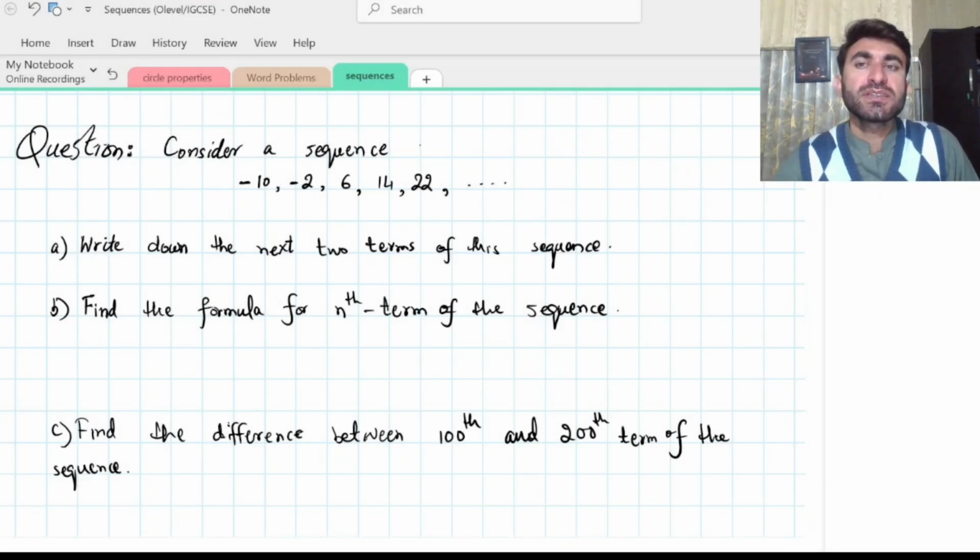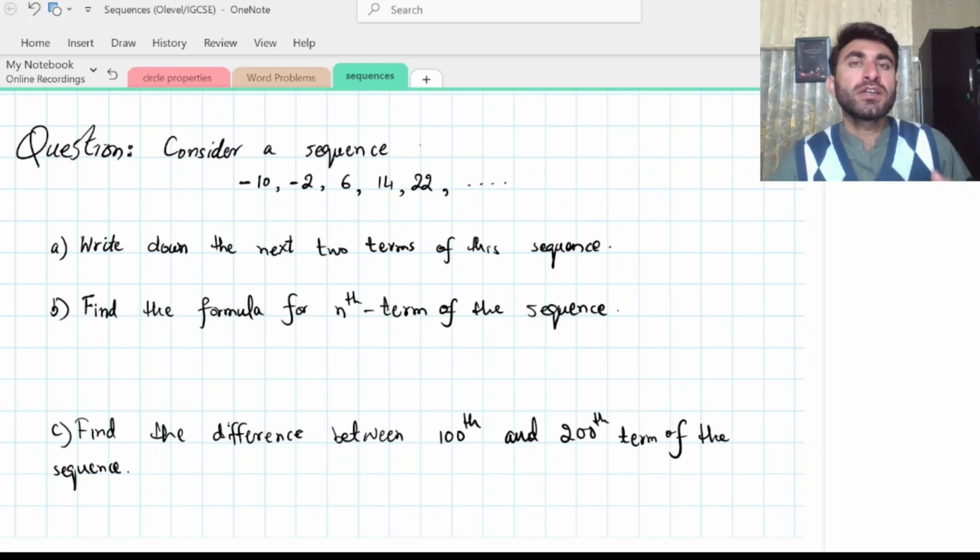So here is a question. It states, consider a sequence with terms minus 10, minus 2, 6, 14, 22 and so on. The first part states: write down the next two terms of this sequence. In order to generate the next two terms, first we will observe the pattern, and for that we will require a difference sequence.